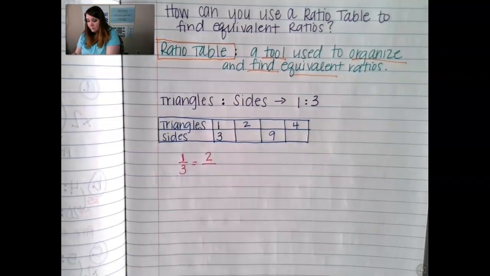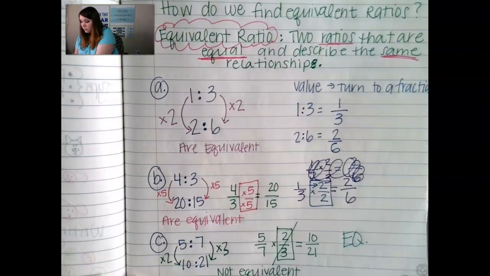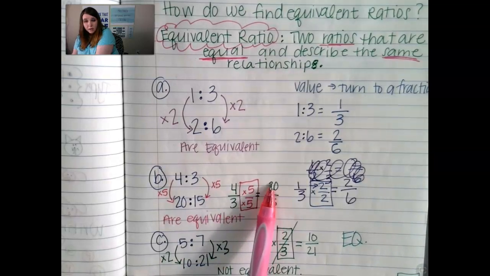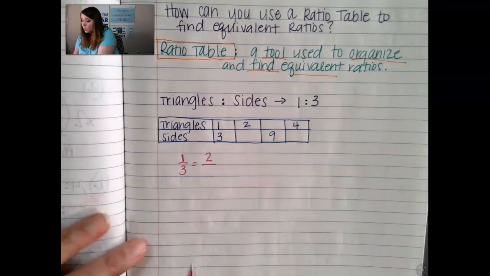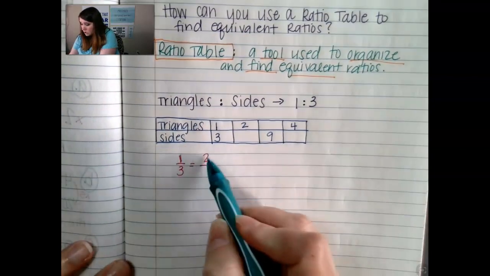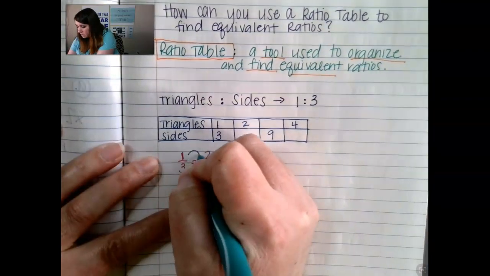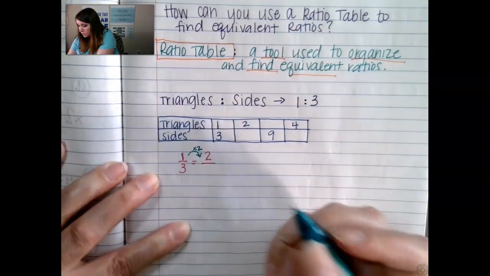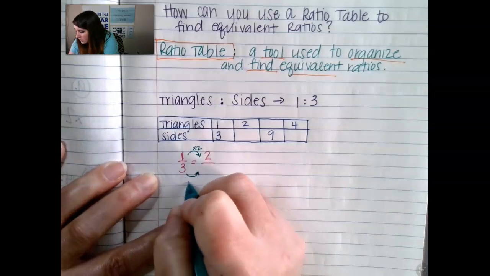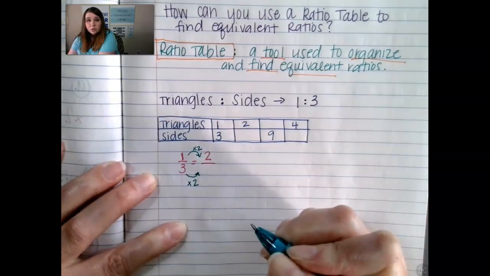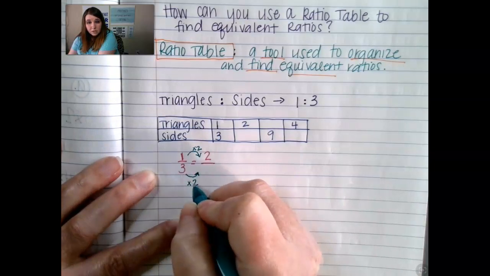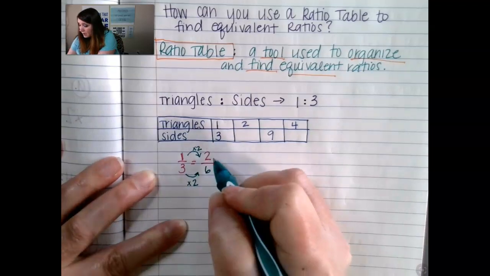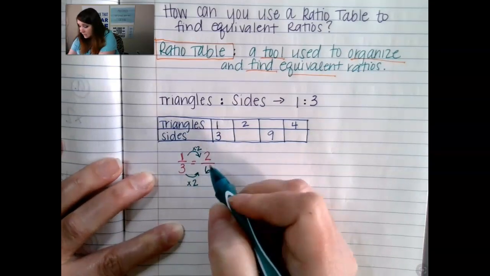Well, if we flip back to our equivalent ratios, we can see that we just multiplied to find what caused the change. So how do I get from 1 to 2? Well, from 1 to 2, I multiply by 2. So to keep this equivalent on the bottom, I also have to multiply by 2. So 3 times 2 gives me 6. So when I have 2 triangles, I have 6 sides.